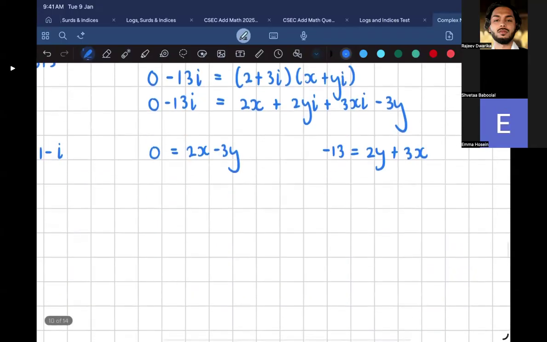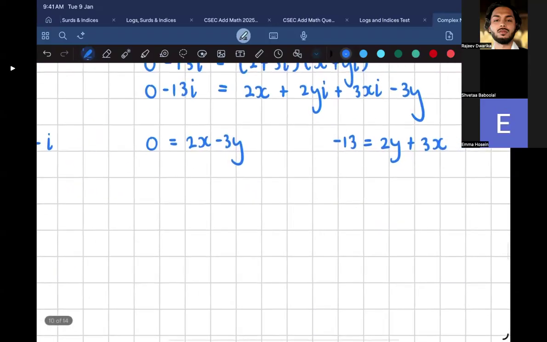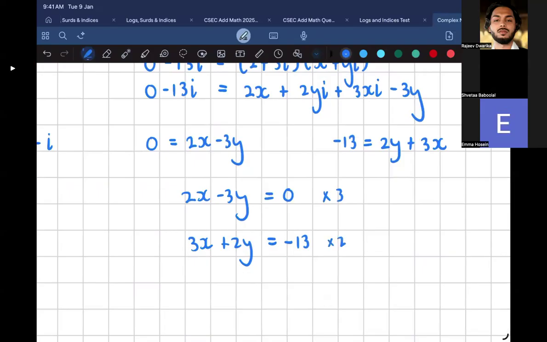Let me just verify that. So 2y plus 3x is equal to minus 13. Let me solve this simultaneously first. We have 2x minus 3y is equal to 0, and 3x plus 2y is equal to minus 13. I can multiply this by 3 and this by 2.